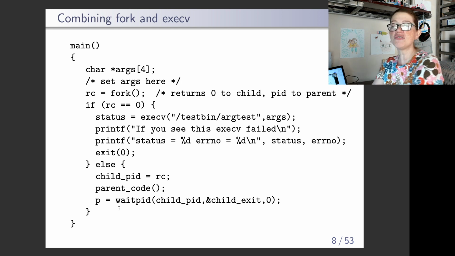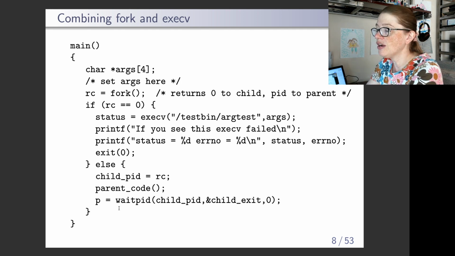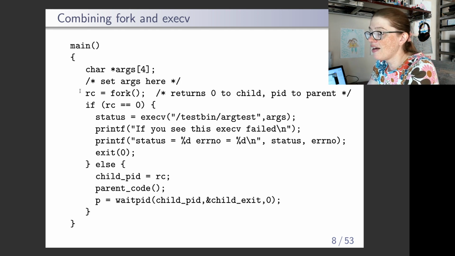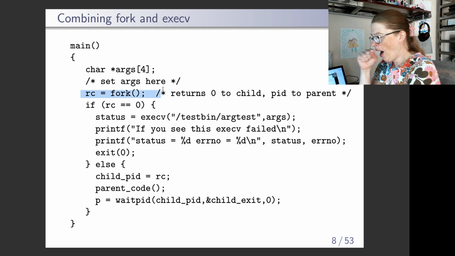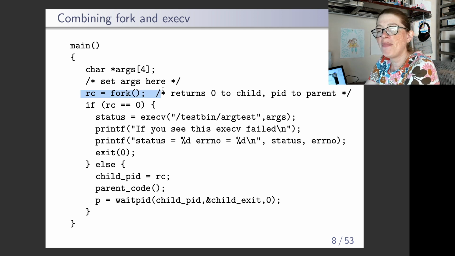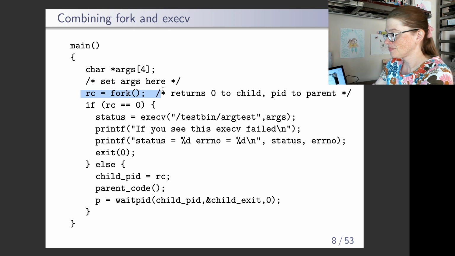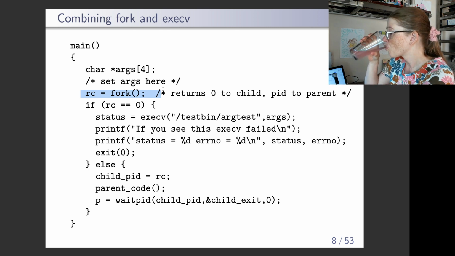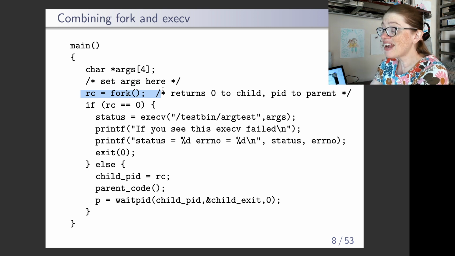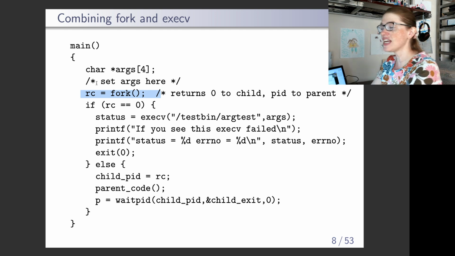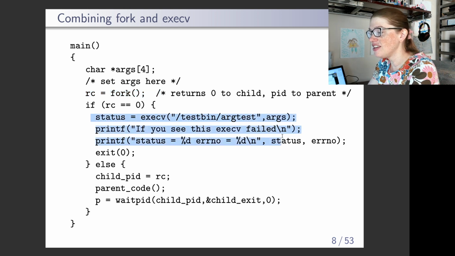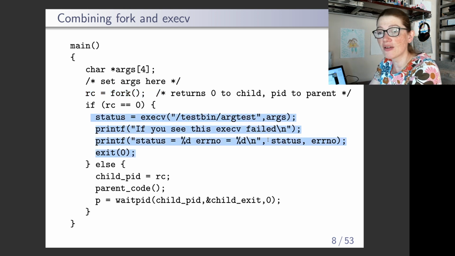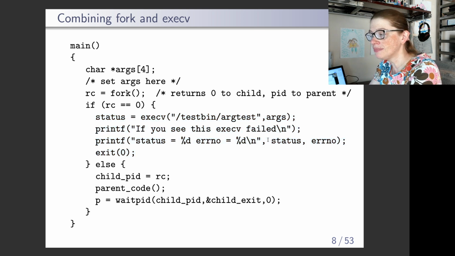You can also use this in combination with fork. So here we have our fork. We're creating a parent and a child. And after I create the parent and child process, I'm going to have the child process call execv and run a different program.